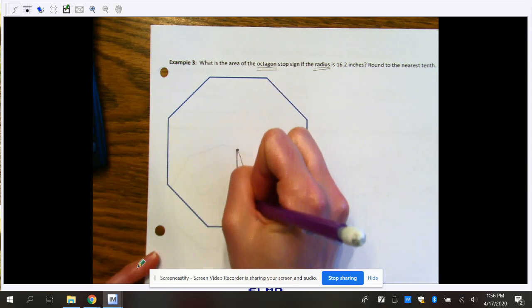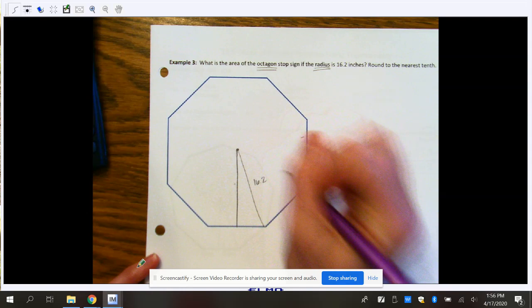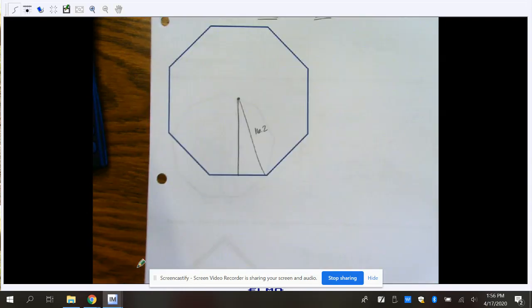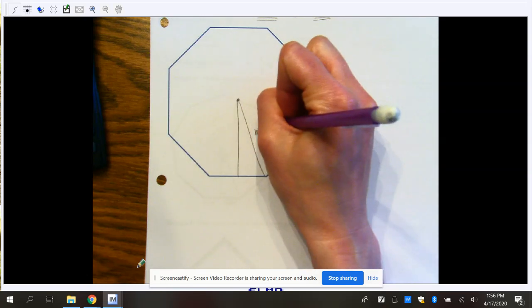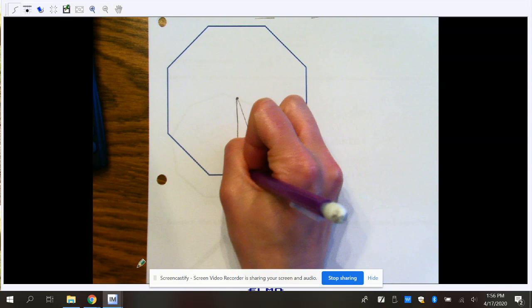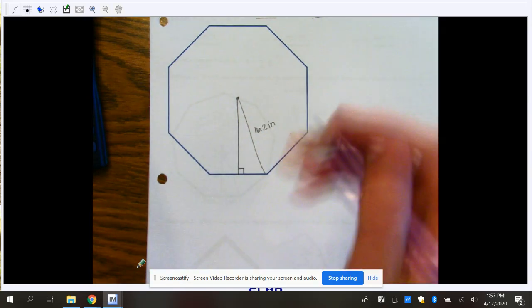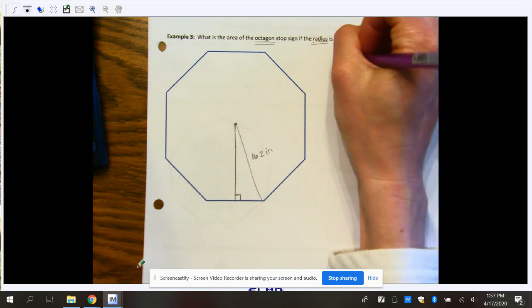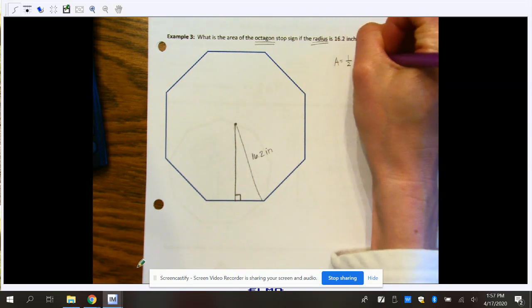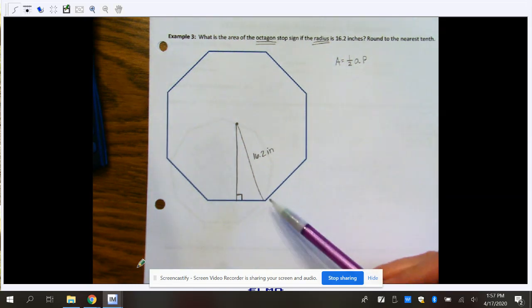And so remember, the radius is drawn from the center out to one of the vertices. So this is now going to be 16.2 inches. So this is going to be a little bit longer of a process, because if I need to find the area, it's 1/2 times the apothem times the perimeter.